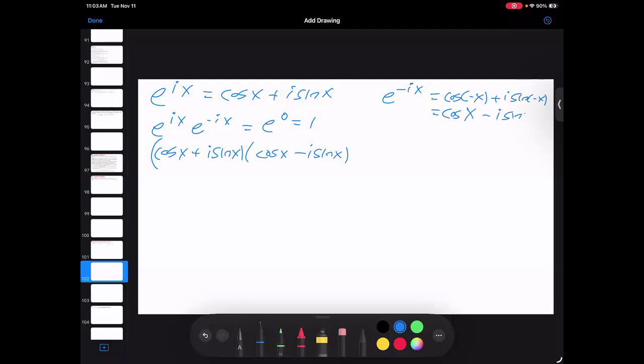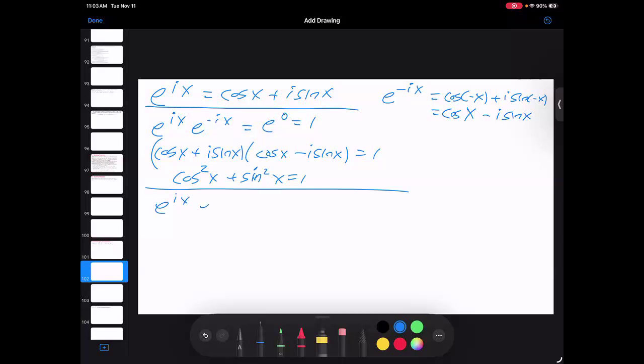Sine is an odd function, so it's minus sine of x. Well, when I multiply this out, I'm going to get cosine squared x, i sine x cosine x minus i sine x cosine x, those cancel, and then I have a minus i squared sine squared x. What's minus i squared? 1. So I get cosine squared x plus sine squared x equals 1. There's Pythagoras. What's e to the ix times e to the iy? E to the i(x plus y).